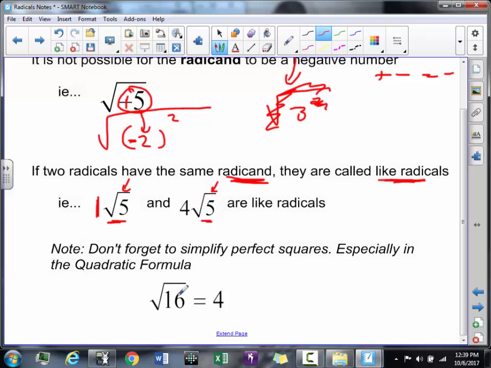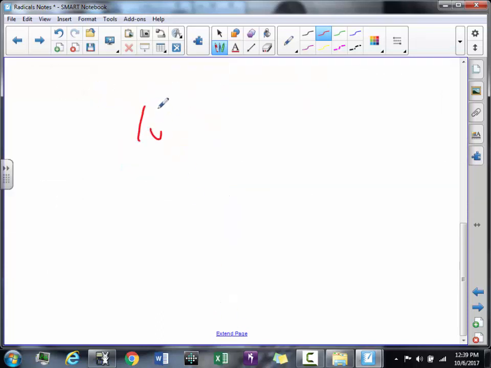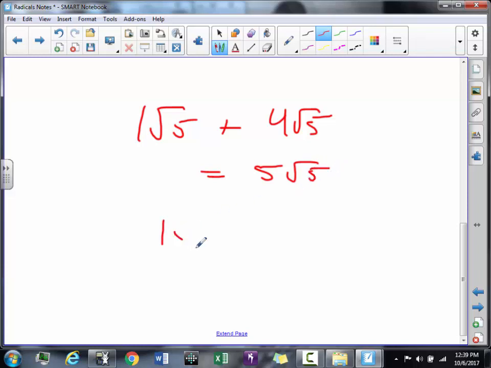In a way, this is no different than algebra. If I were to ask you to take 1 root 5 and add it to 4 more root 5s, this is now going to be 5 root 5s. How different is this than saying you have 1x, and you add 4 more of that same something? When you're done, you have 5 of that something. You see how those are like terms? Do not do this, because that's not how they work.